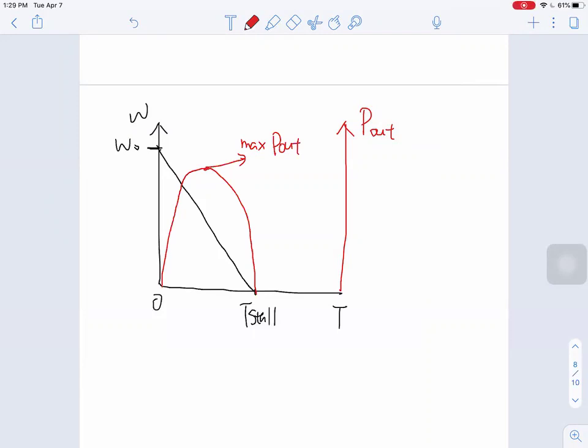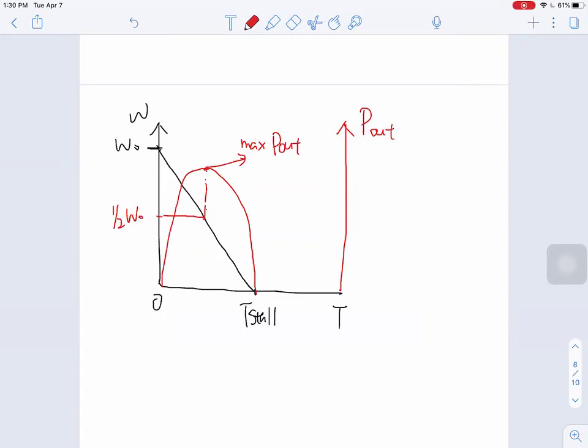And the corresponding velocity here, so that maximum power will have a corresponding velocity. And that point is half of omega, which is the maximum no load speed divided by 2.